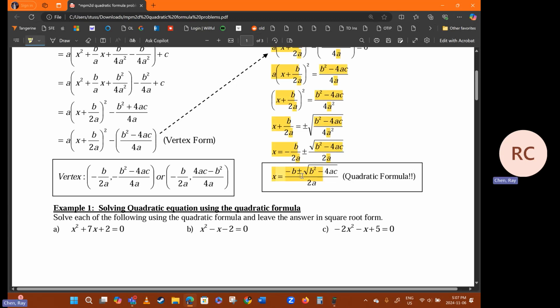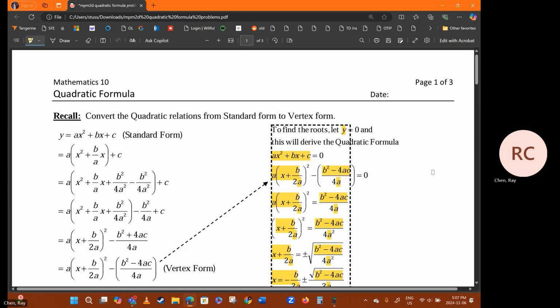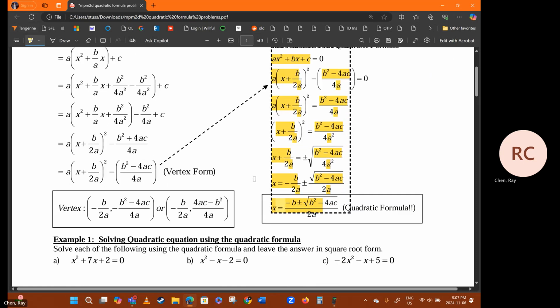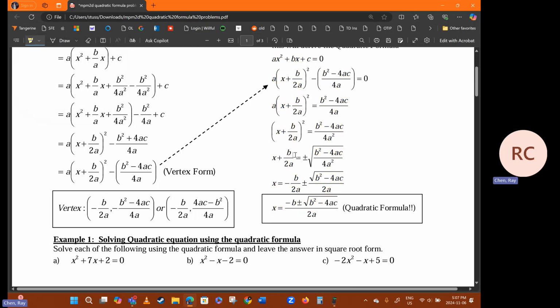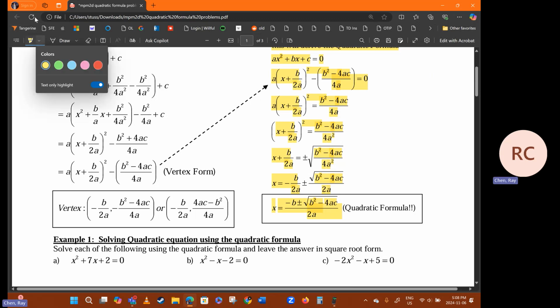X equals, nope, it's not working. And I apologize for the errors. I don't know why it's not highlighting properly. It should. Let's try that again. I am so sorry for the jarringness of this YouTube video. Let's just reload again.